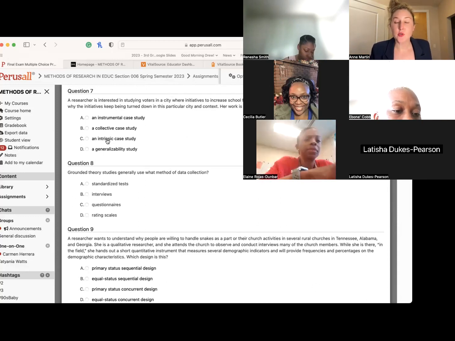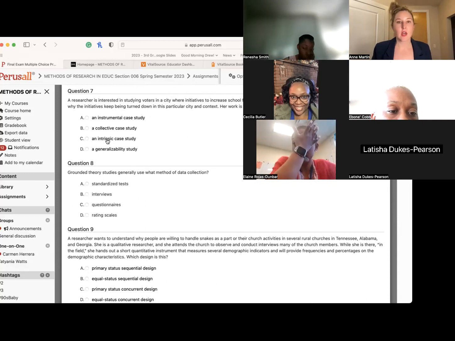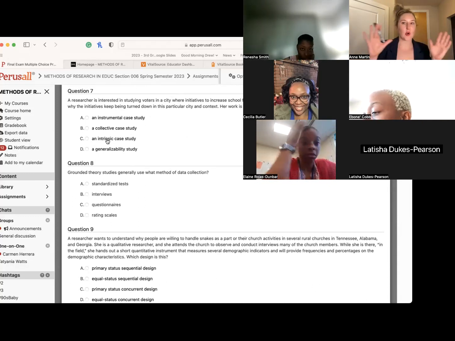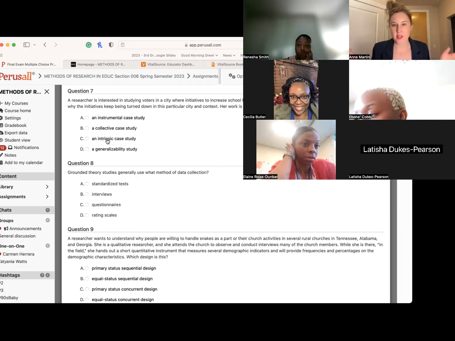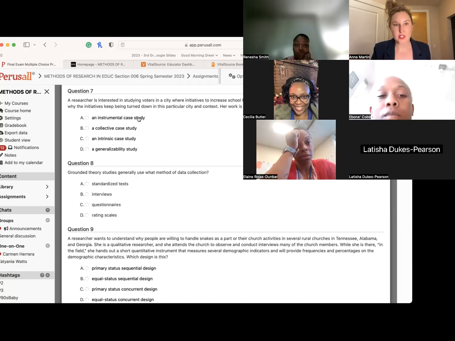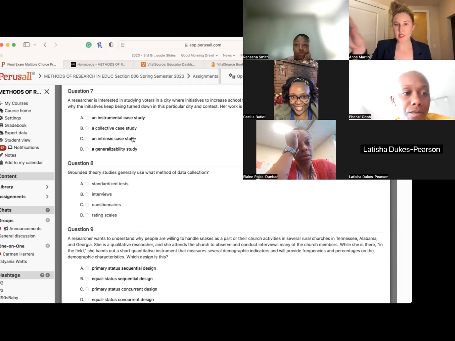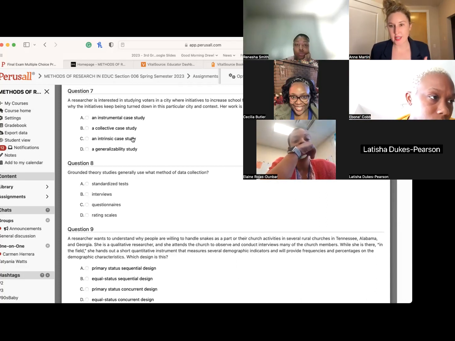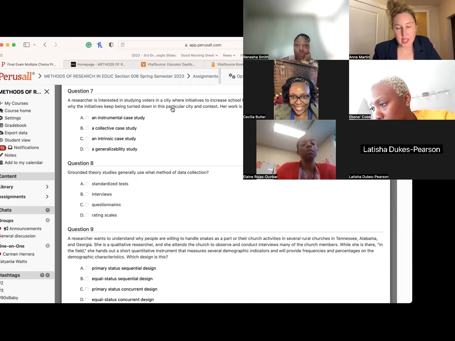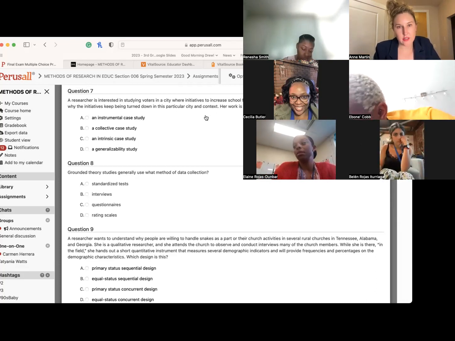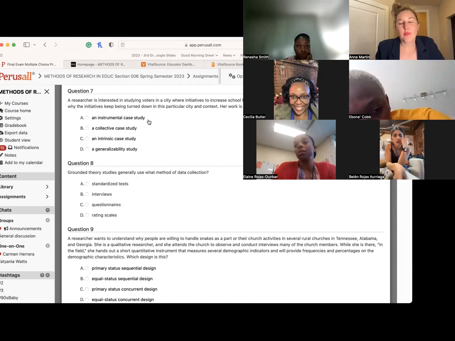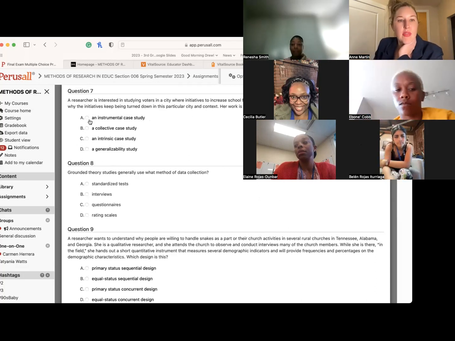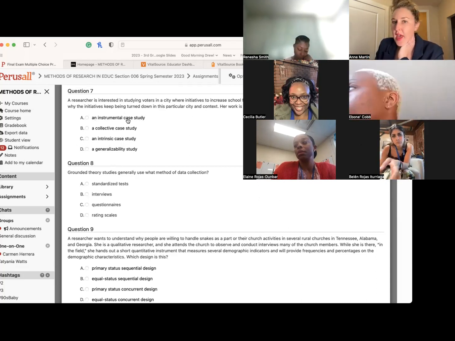If they wanted to generalize and understand voting patterns across the nation, we'd do a case study in this one city and think that's going to tell us, that would be instrumental. Collective would be like, let's pick 5 different cities, do a case study, and then generalize. But intrinsic is because of the words particular, city, and context. And then generalizable study, that's not a term, but that would be mostly associated with A.